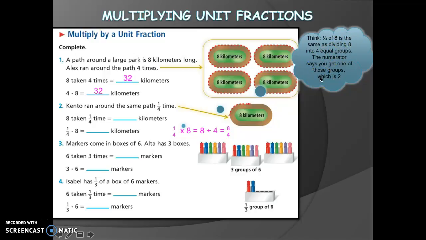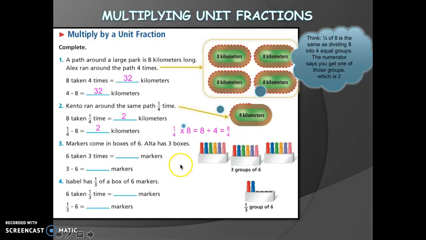The numerator says you get one of those groups, which is 2. So we divided the 8 into 4 equal groups. One of those groups is going to equal 2 kilometers. If I had a pizza, for example, divided into 8 pieces, 1/4 of that pizza is going to be 2 pieces.